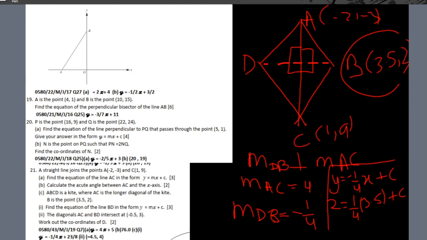This was negative. So c = 2 + 3.5 over 4, which is 2.875, which in fraction is 23 over 8. So c equals 23 over 8. So the equation becomes y = -1/4 x + 23/8.